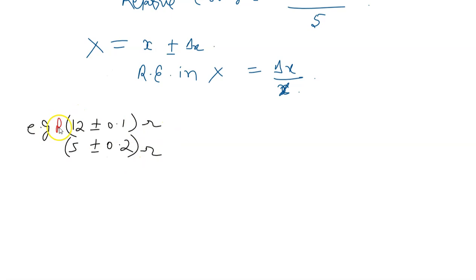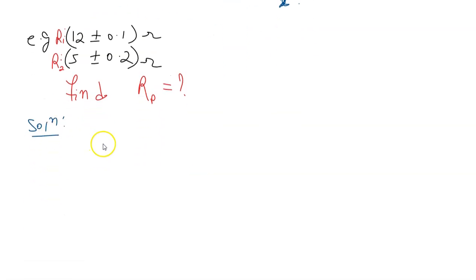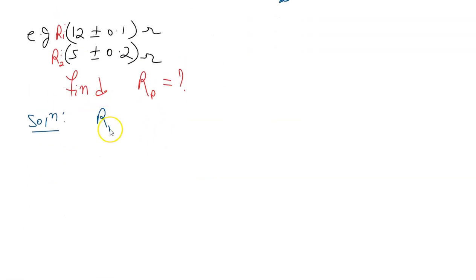Okay, this was R1, this was R2. So I want to find the total resistance or equivalent resistance in parallel. So I will use the expression for this. What expression are we going to use for parallel? We know the expression Rp as R1 into R2 divided by R1 plus R2.